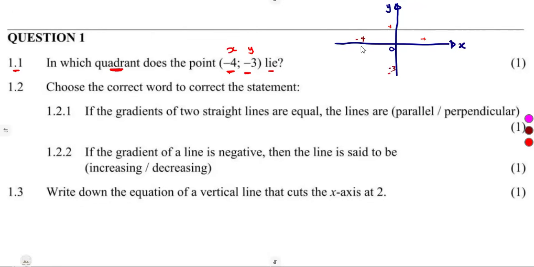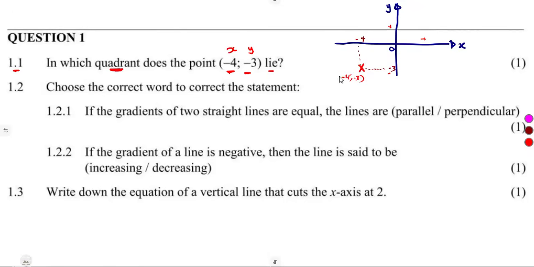The minus 4 and the minus 3 will meet at a certain point. Where they meet, that's the point given as minus 4, minus 3.